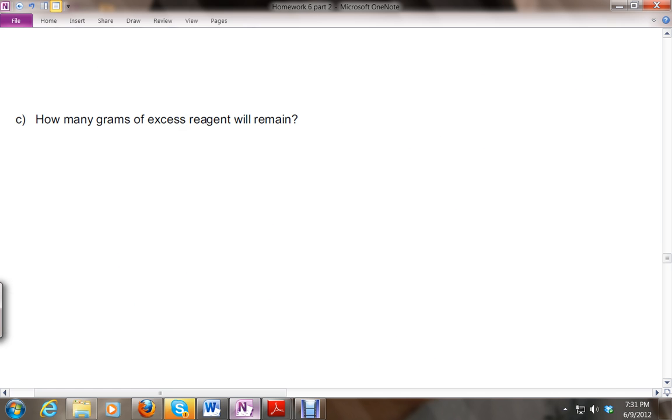But they're asking for, and I did it two ways, so yeah, I can prove it. They're asking how many grams in excess. You have two choices: subtract the moles, and then the difference you multiply by the molar mass of oxygen because oxygen is the one in excess, right?